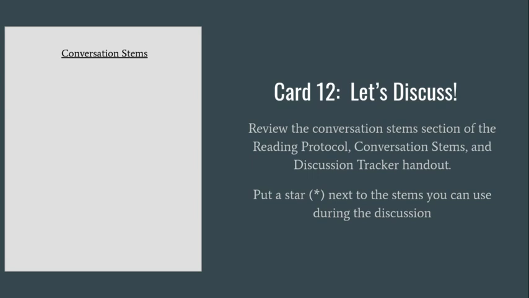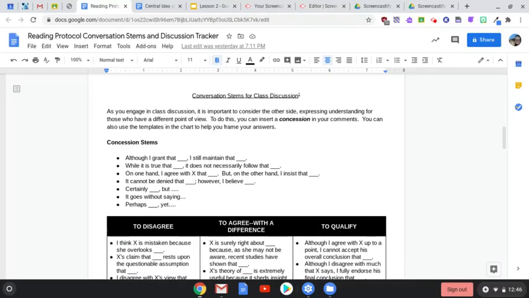So let's look at the conversation stems. Now you'll notice there are sets of concession stems as well as conversation stems to show disagreement, to agree but for possibly a different reason, or to add new information, as well as to qualify.